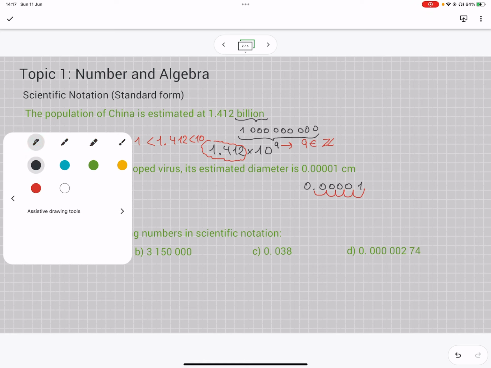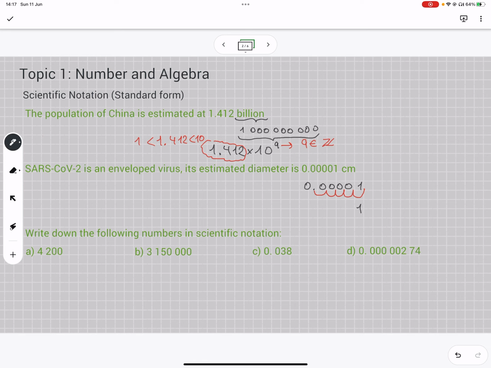So it will be 1 times 10 to the power of, I moved the decimal point 5 places to the right, and because this is a small number, the power is negative, so 10 to the negative 5. This is in scientific notation because 1 is between 1 and 10, including 1, and the power of 10 is a positive or negative whole number.